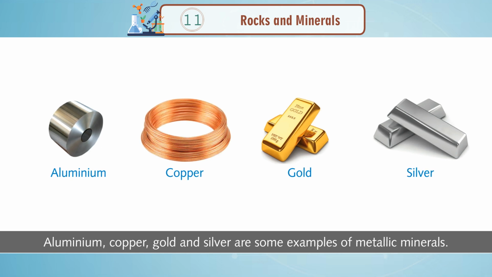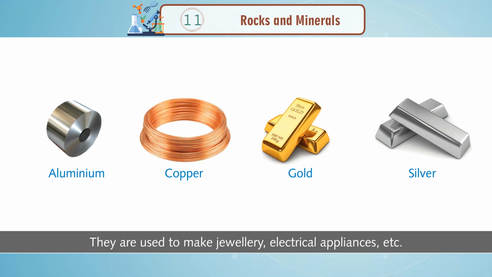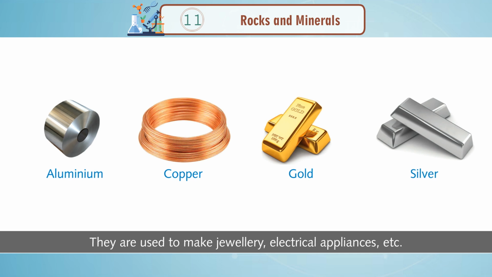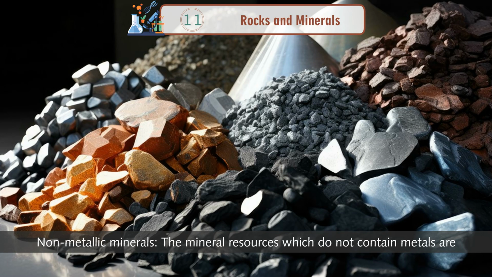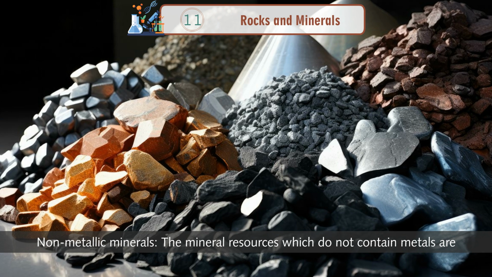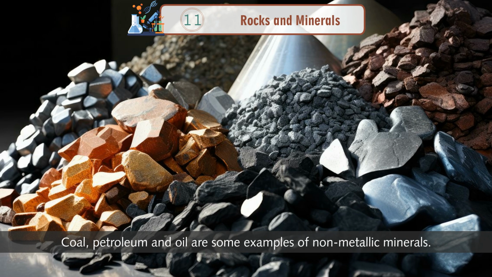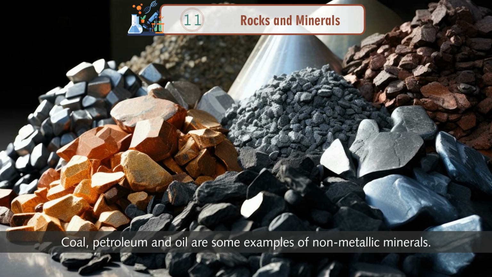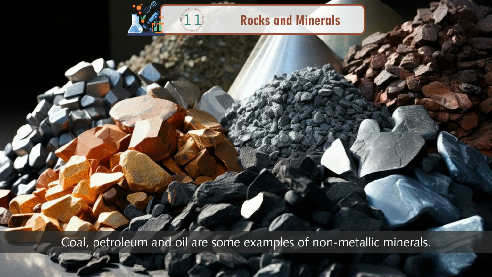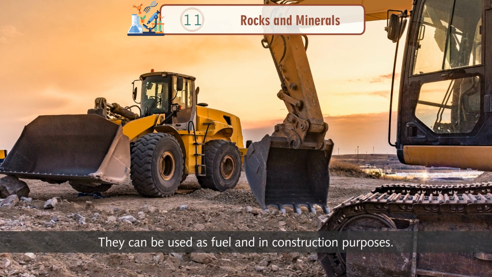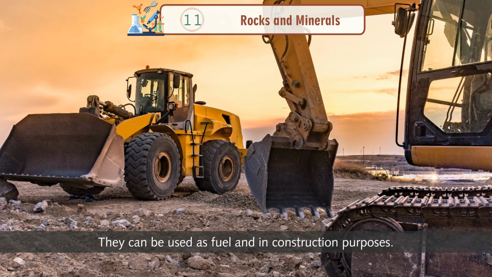Aluminium, copper, gold and silver are some examples of metallic minerals. They are used to make jewelry, electrical appliances, etc. Non-metallic minerals. The mineral resources which do not contain metals are called non-metallic minerals. Coal, petroleum and oil are some examples of non-metallic minerals. They can be used as fuel and in construction purposes.